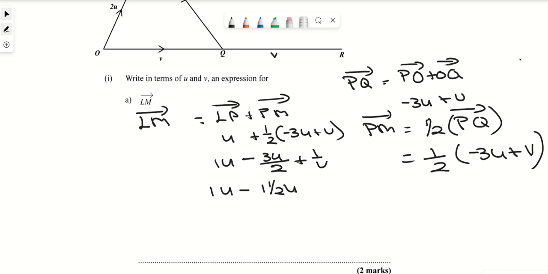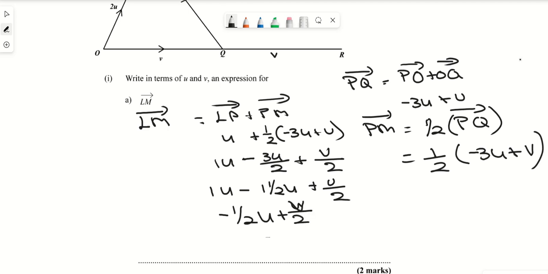What am I saying? No, that's wrong. A half by V is V on top over 2, right? So now 1 minus 1.5 is minus a half U plus V over 2, right?